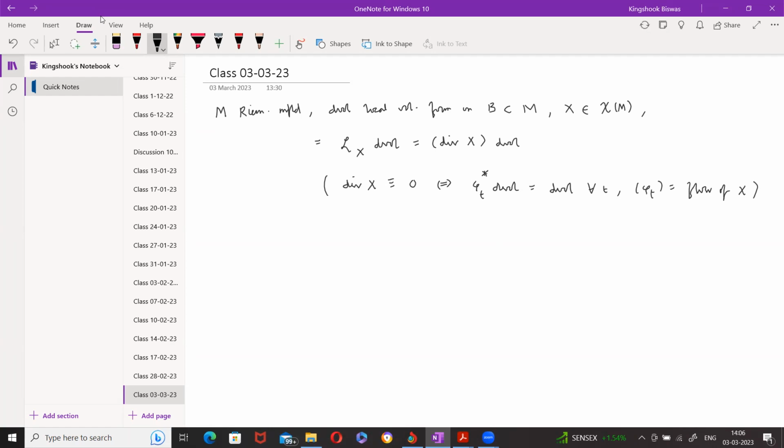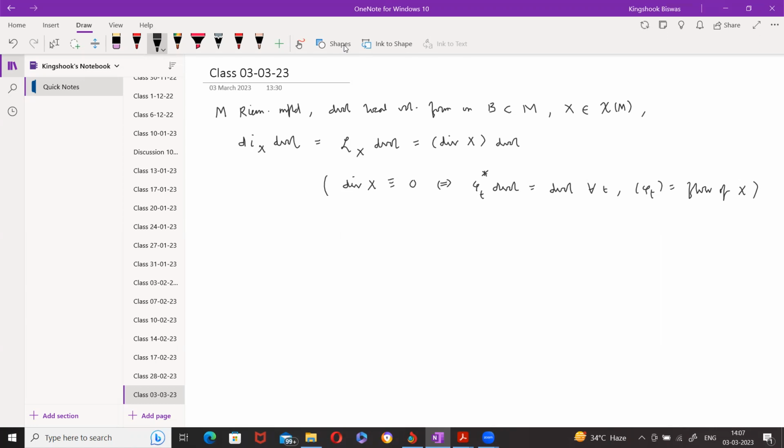And using Cartan's formula that L_X is equal to d i_X plus i_X d, we get that since the volume form is an n-form, d of the volume form is 0 because it's an n plus 1 form. So this becomes simply d of i_X dvol, right?